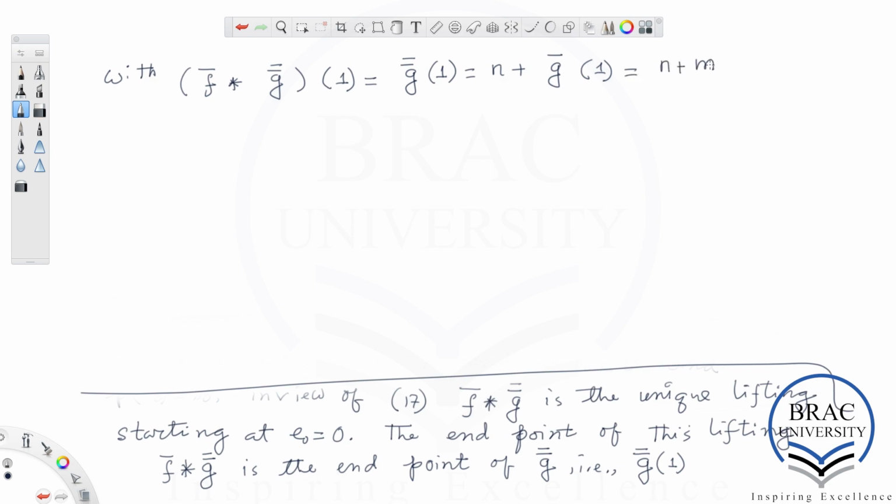So this is n plus m. This is our equation number 18.